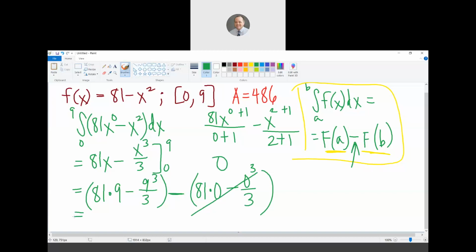So we now have 729 minus 729 over 3. And 729 over 3 is 243.